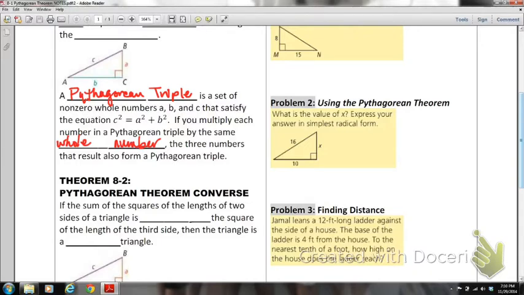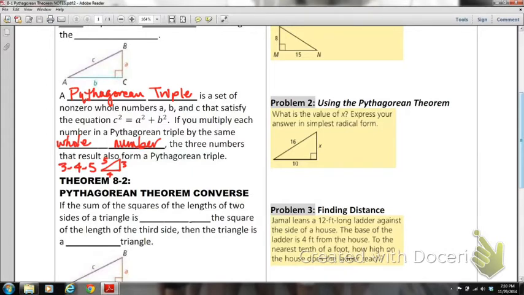There are about 4 sets of common Pythagorean triples that you'll see on standardized tests like the ACT in particular. They like to use the 3, 4, 5 Pythagorean triple. All that means is that you have a right triangle. Of course, the longest side is always the hypotenuse, so the hypotenuse would be 5 and the legs would be 3 and 4. So those are 3 positive integers that satisfy the Pythagorean theorem, so they're called a Pythagorean triple.